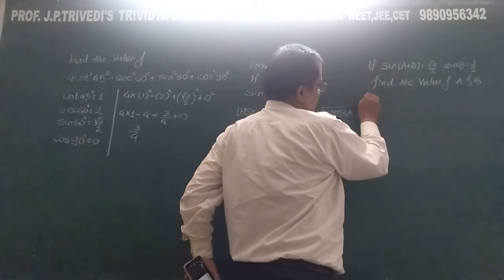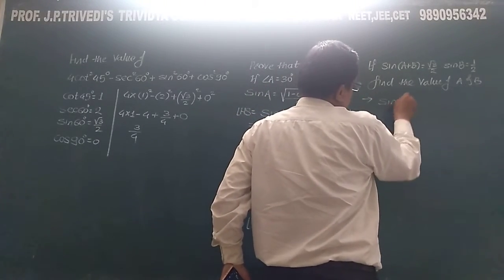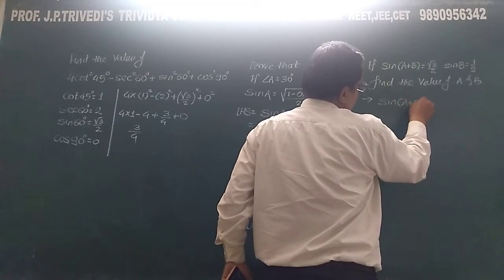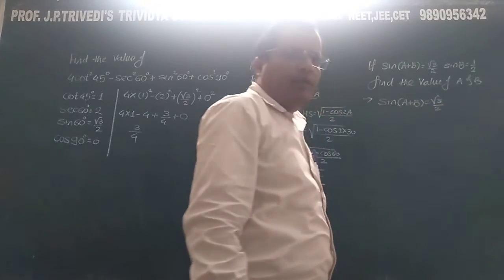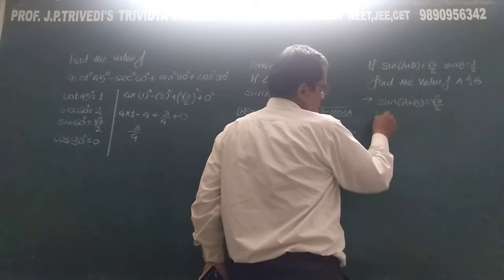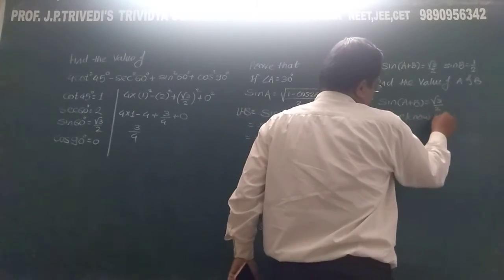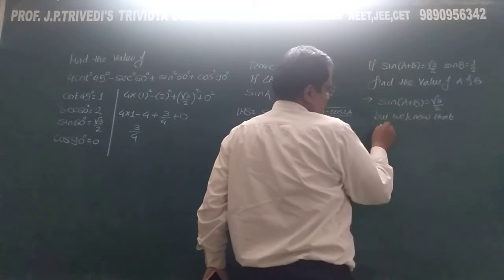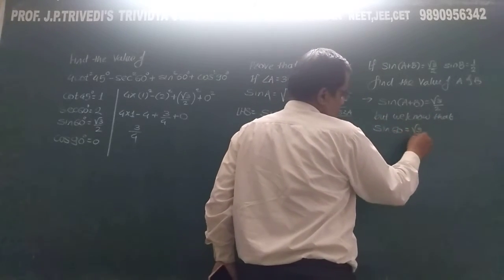Here it is given that sin of a plus b is equal to root 3 upon 2. But from the table we know that sin 60 is equal to root 3 upon 2.